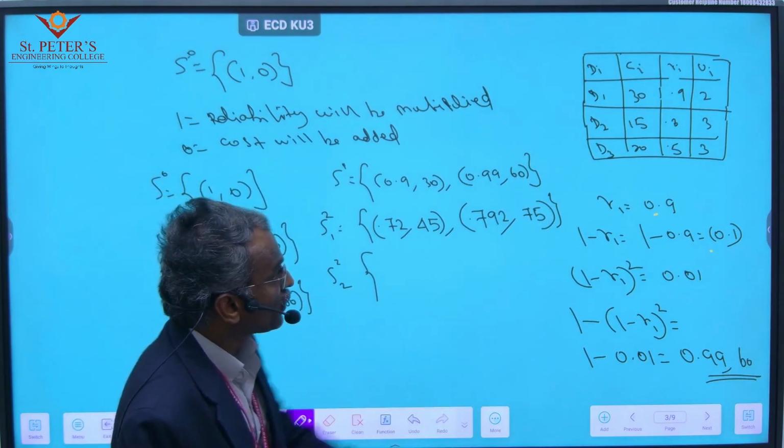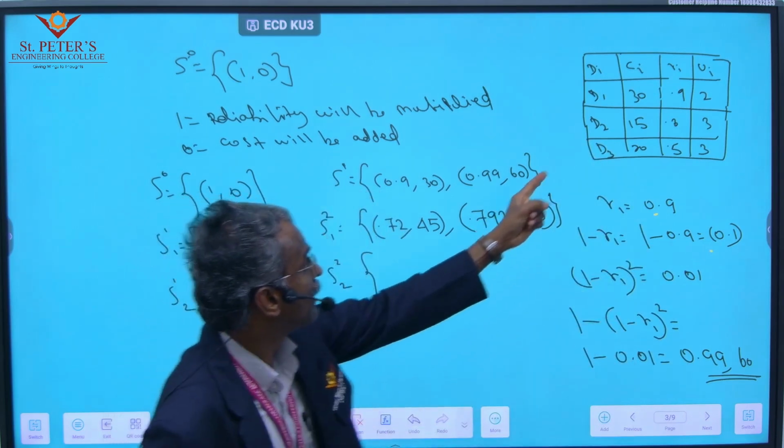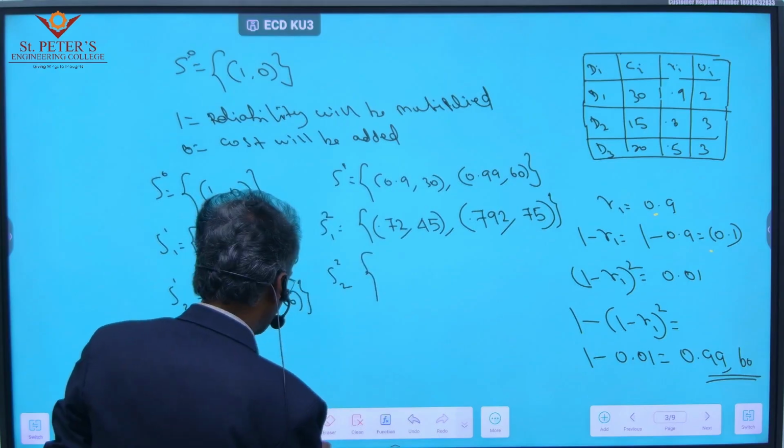Second copy means we need to calculate the ratio again. The reliability ratio has to be recalculated. We cannot take 0.8 as it is. So I'm going to calculate again.